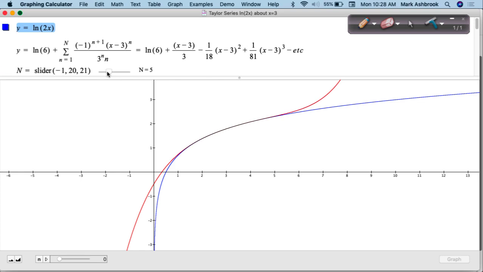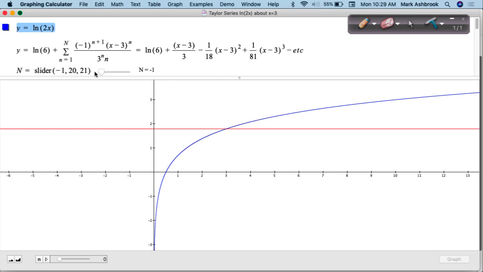All right, so what am I showing you now? Yeah, so this is the 0th degree, which is just the ln of 6, right? And then what will the first degree look like?